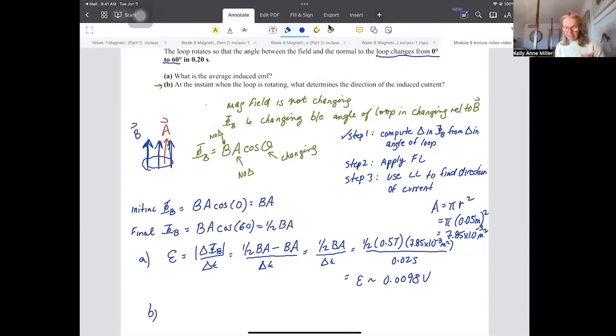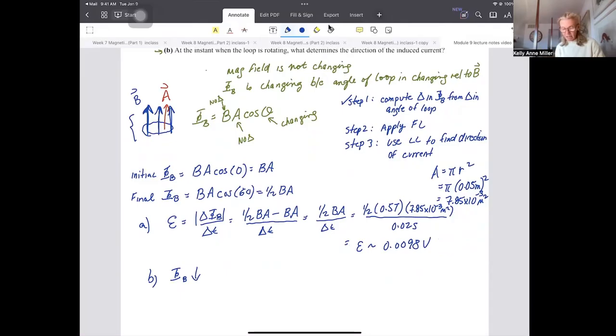I think it's easy to see that the flux is decreasing, because here it's at its maximum, with all of the field lines parallel to the area vector. And then as it rotates 60 degrees, that's not the case. So the flux is decreasing. That means that the induced current is going to point in this direction, to counteract that decrease.